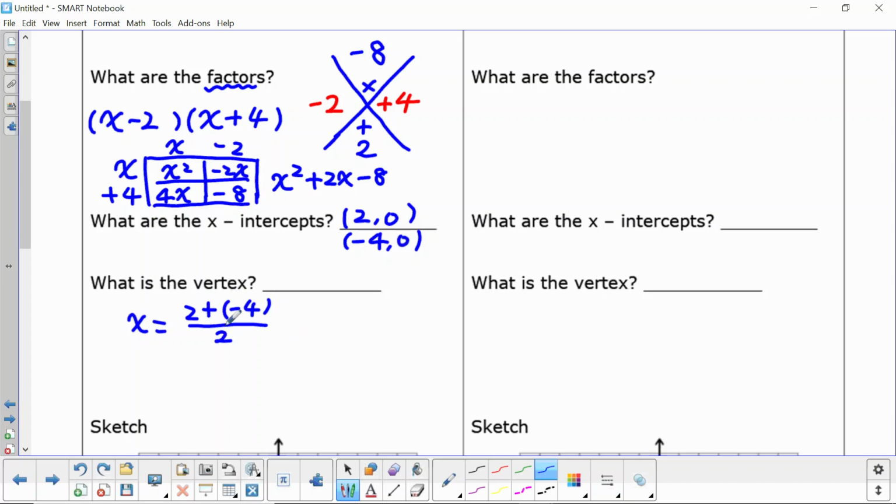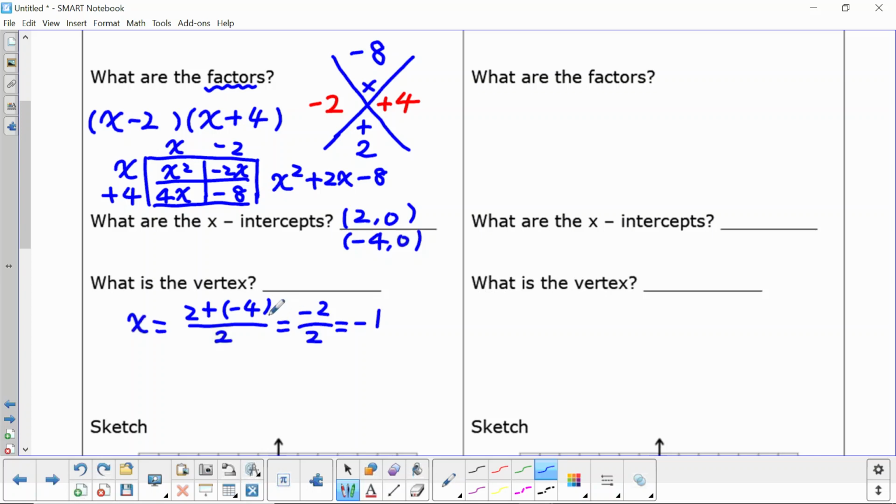So 2 plus negative 4, divided by 2. 2 minus 4 is negative 2, divided by 2 is negative 1.